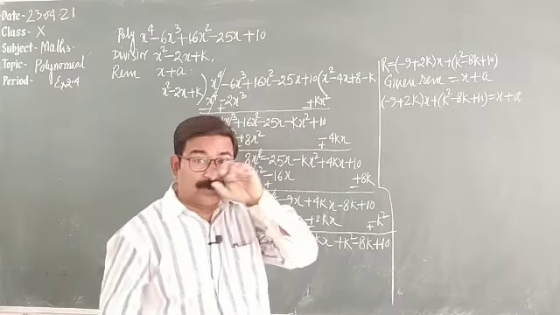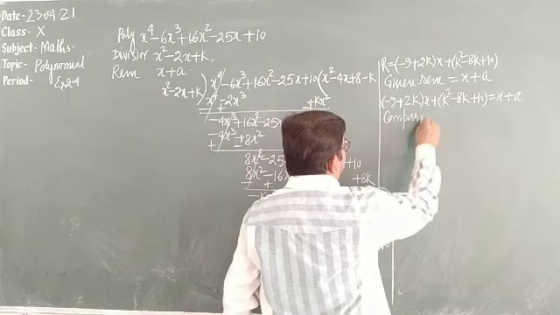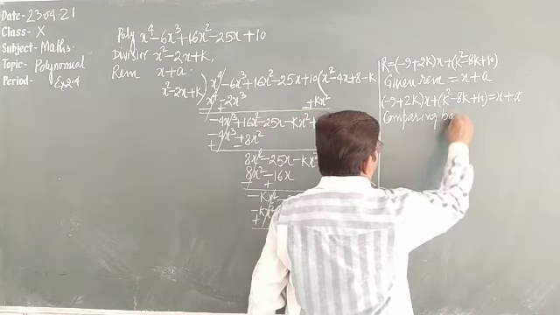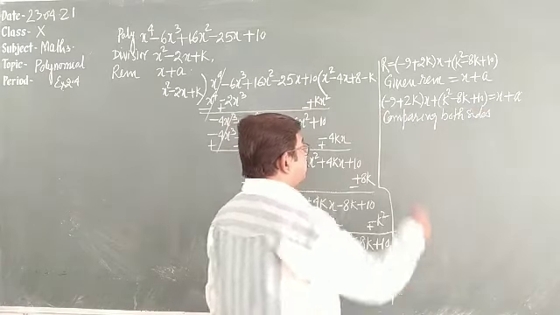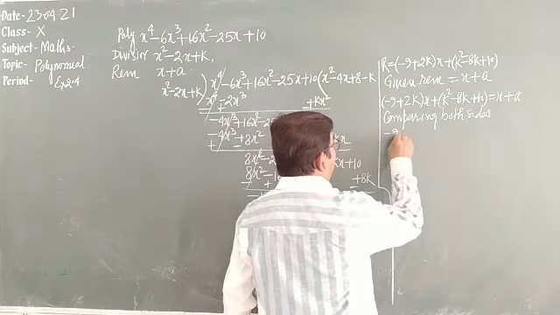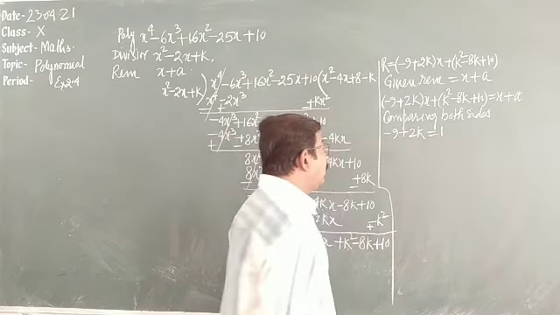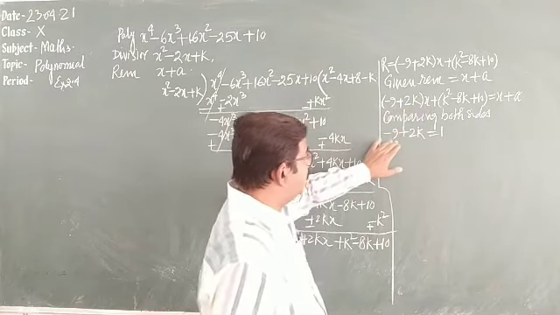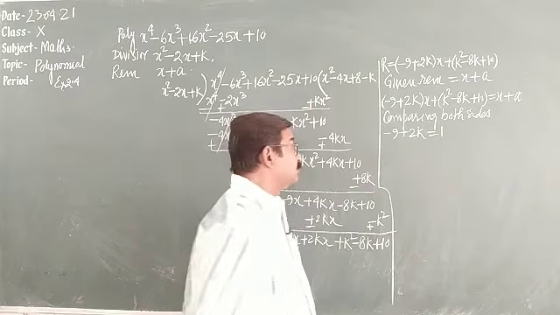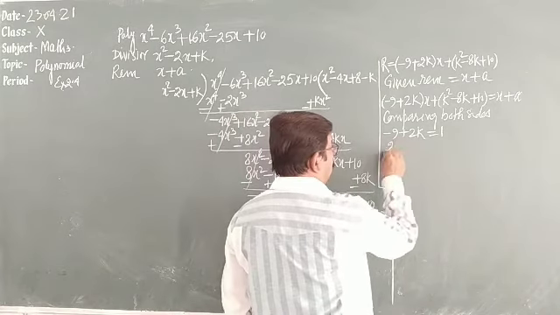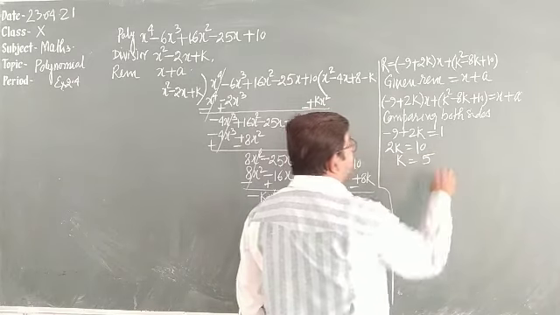So we compare both sides. Minus 9 plus 2k is equal to 1. Why 1? Coefficient of x on this side is minus 9 plus 2k, and coefficient of x on the other side is 1. Send this 9 to this side. So 2k is equal to 10, k is equal to 5.